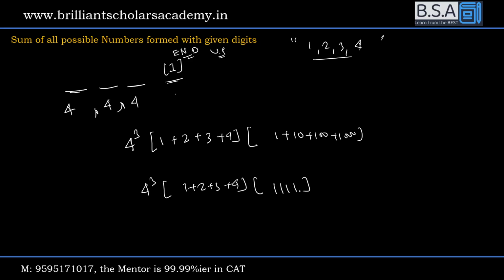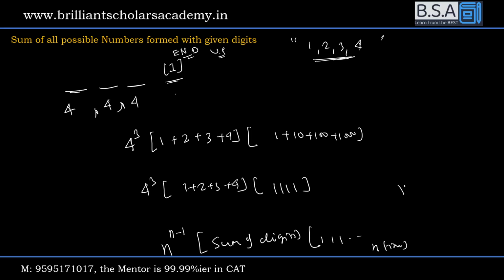If I was to create this as a formula, so you see there your 4 digits, n digits to the power n minus 1 bracket sum of digits bracket 1 1 1 1, n times.